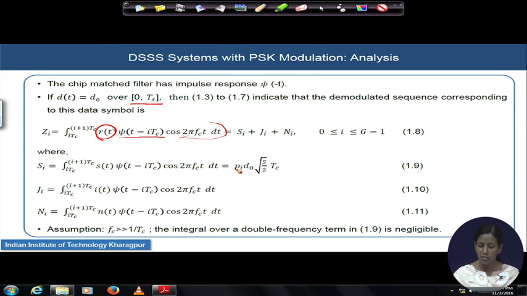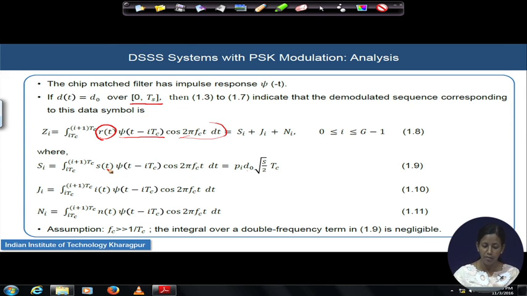So, it is only just a Pi multiplied with the value of the data, which is considered to be here D0, and there is a square root of S by 2 term, because we considered S to be the total amplitude of this signal. And there is a portion left inside the integration, which is cos 2 pi fc t dt, that is getting multiplied with psi(t).